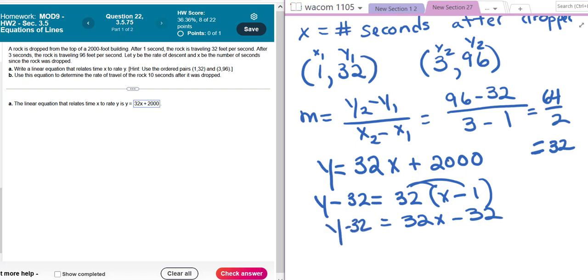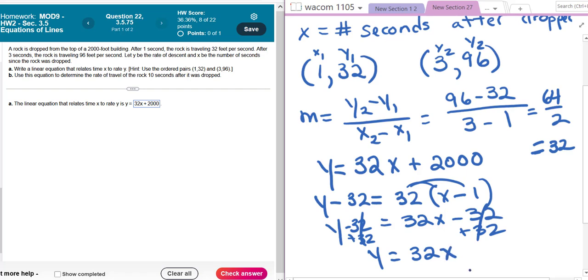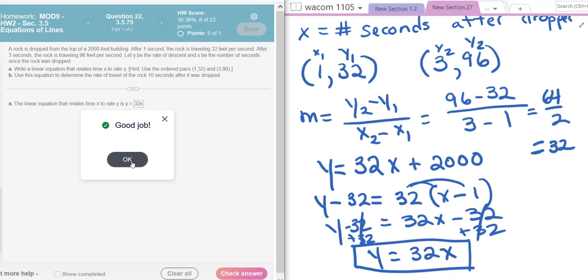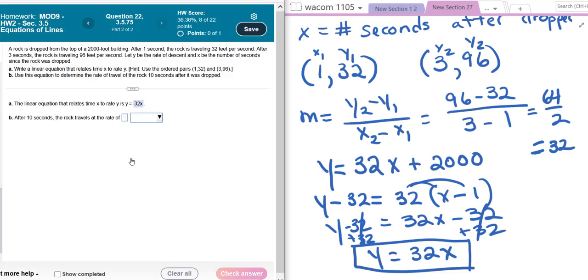And they want what form? They didn't say which form, but when you add this 32 and get it over here, these are going to cancel. So I should not have put that other number on there. This is all they wanted. And if I had gone through my formula instead of trying to just think it through, that would have been the right thing to do. All right, so y equals 32x. All right, now they're happy with that.